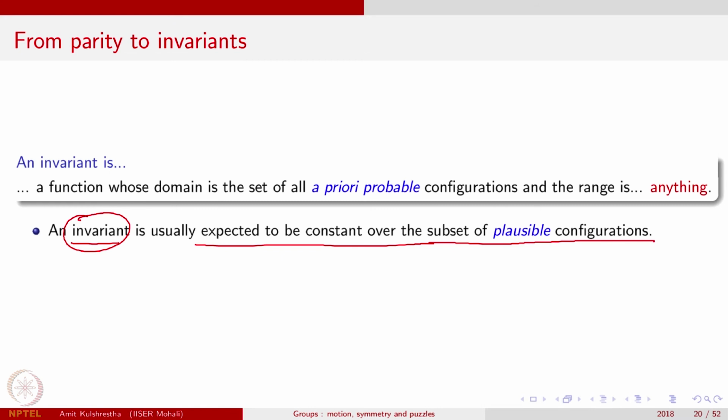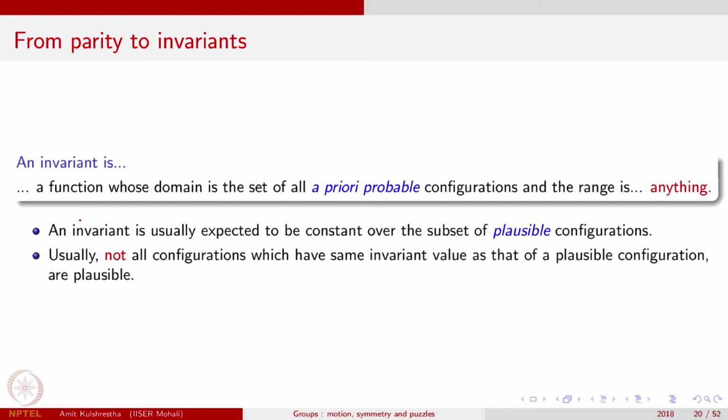So over all those plausible configurations, the invariant is constant. And just being constant does not mean that your plausible configuration is actually a reality. So we are going to understand all these things through an example.